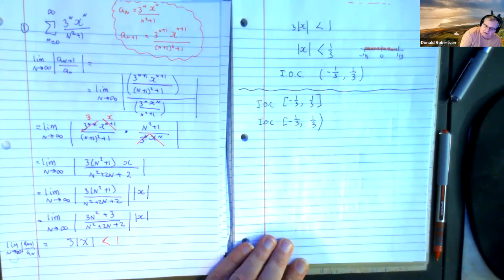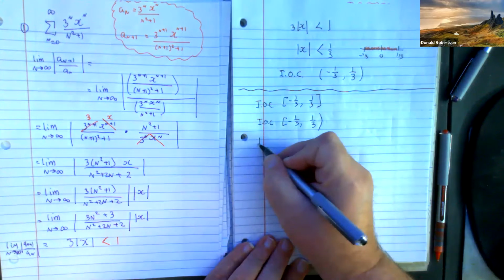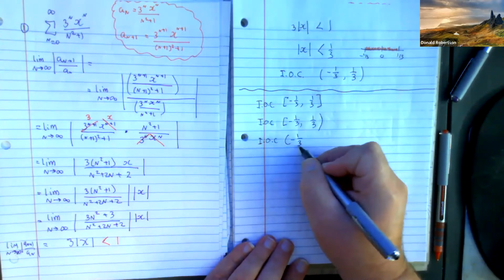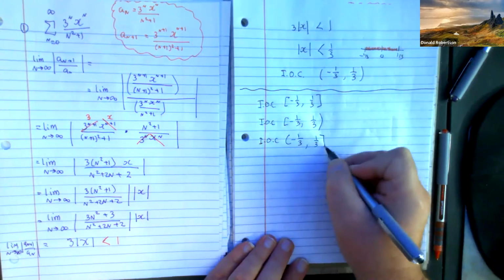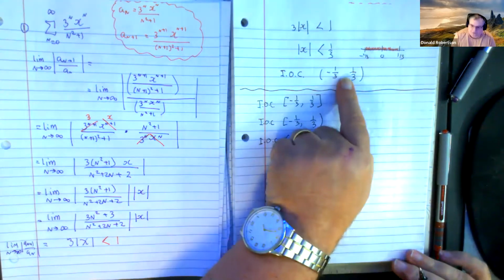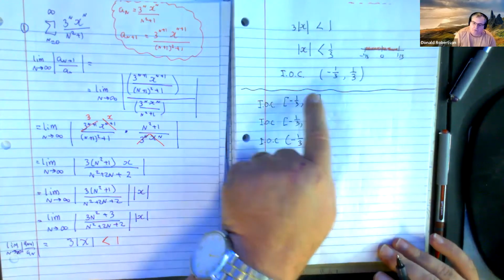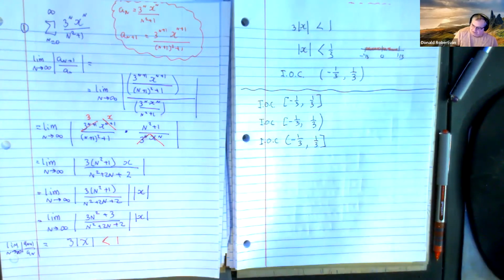So that would be the final interval of convergence. Or it could be that you can't use the first value of x, but you can use +1/3. And of course, that's the initial one where you can't use any of the endpoints. So one of these 4 versions is going to be the final phase 2 interval of convergence.